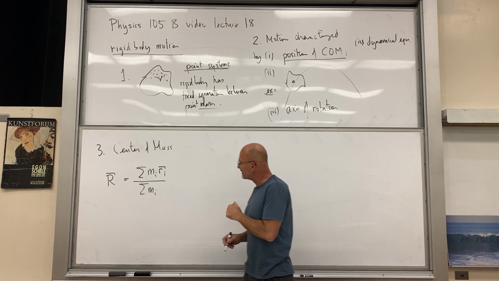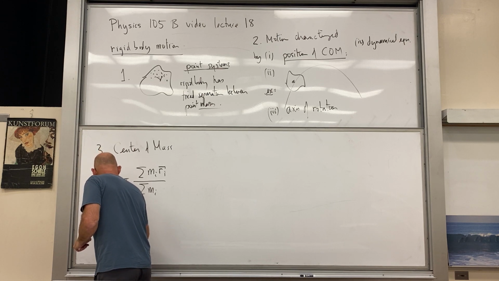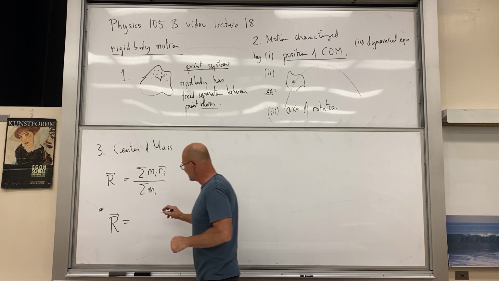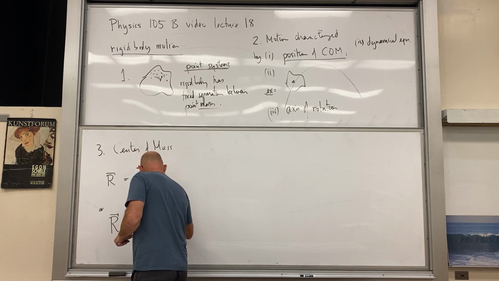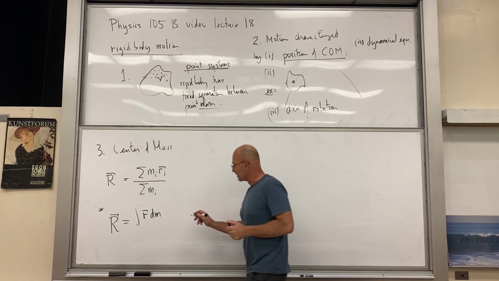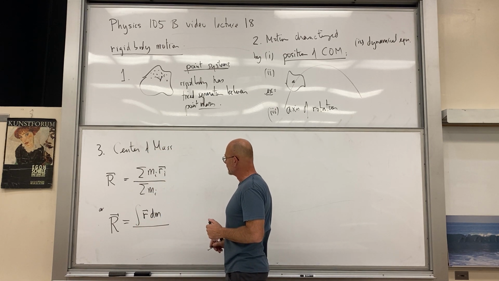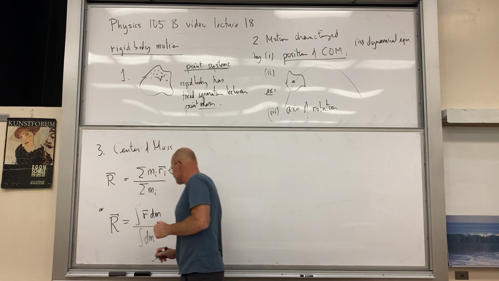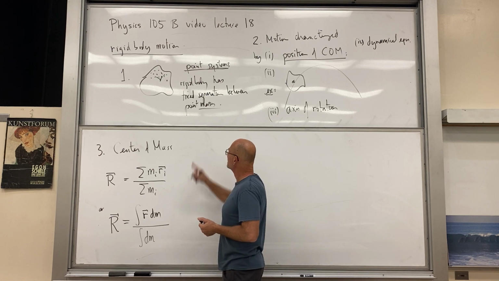So that's for a point system, and for a continuous system, we replace this sum with an integral, over dm. In fact, we were looking at that the other day when we were doing our quadrupole expansion. So we'd have the integral of r dm over the integral of dm, and this integral is over the body.